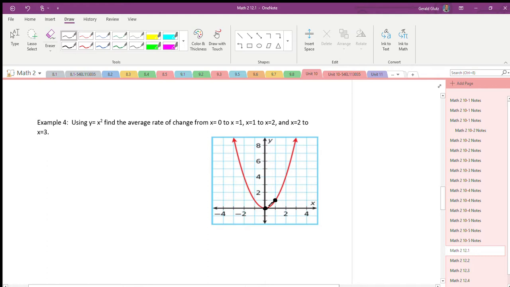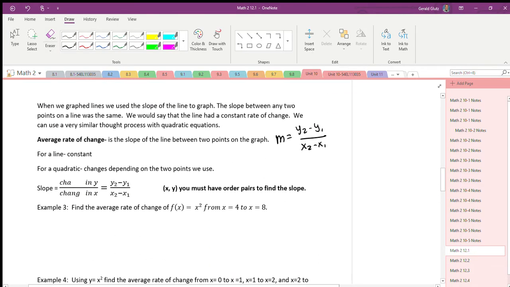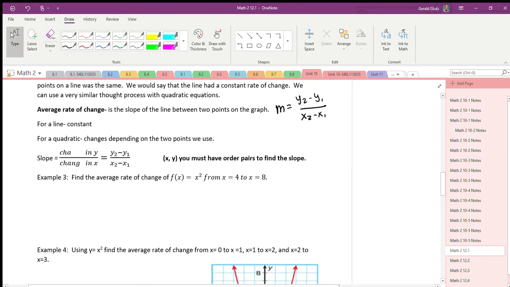Normally, when you find slope, you're finding the slope of a line, but this is a parabola, so it's curved, so we can't just find the slope. So we're finding the average slope between those two points. That's what it means when you're finding the average rate of change. That's what this explains up here.